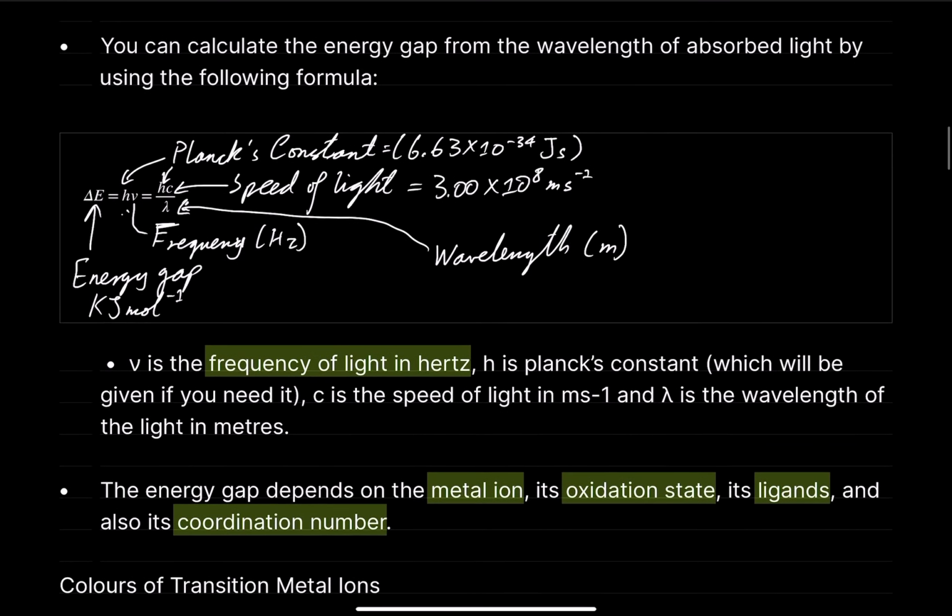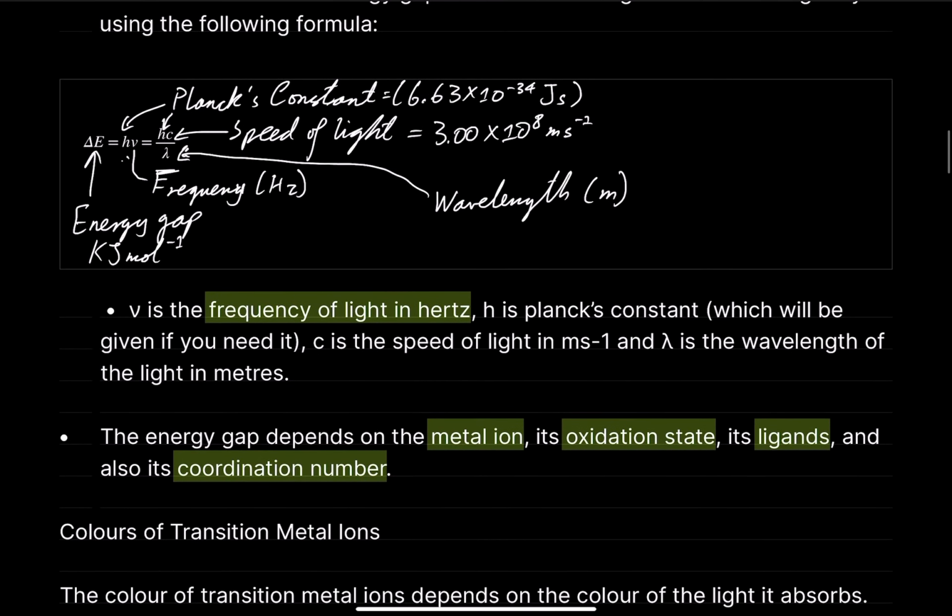The energy gap really is what determines the color of the ion, or what wavelengths of light are getting absorbed, emitted or reflected back. But the energy gap is dependent on the metal ion that you have, its oxidation state, the ligands, and the coordination number, right?